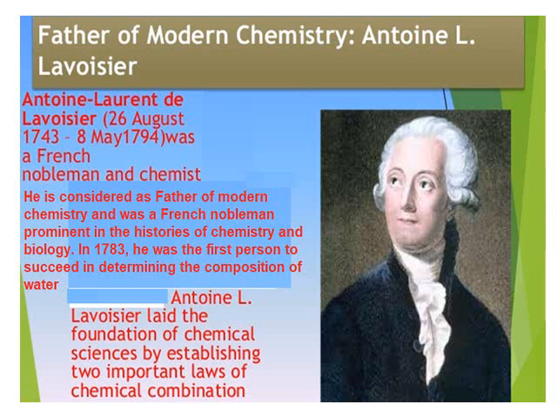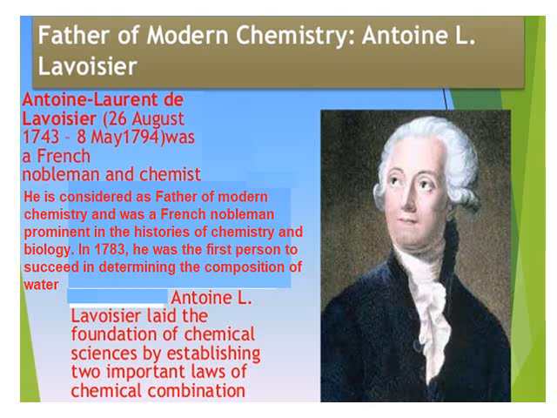He is considered the father of modern chemistry and was a French nobleman prominent in the histories of chemistry and biology. In 1783, he was the first person to succeed in determining the composition of water.